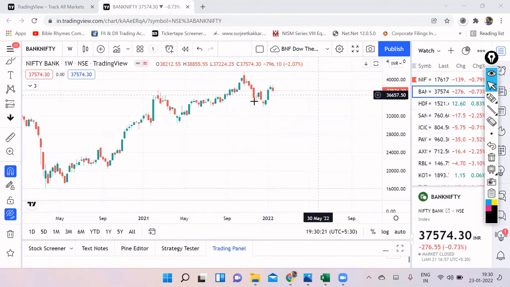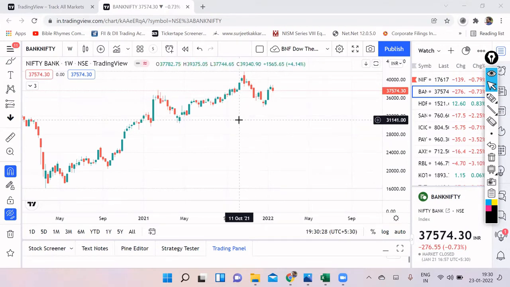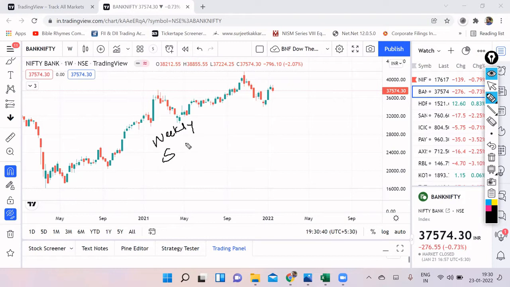So let's begin our analysis based on the weekly chart. How do I normally analyze the weekly chart? There are few things that I check out for. First, on a weekly chart, we look for a weekly support and resistance. For a weekly support and resistance, what you can follow is either you can look for a trend line or you can look for any specific candlestick pattern.